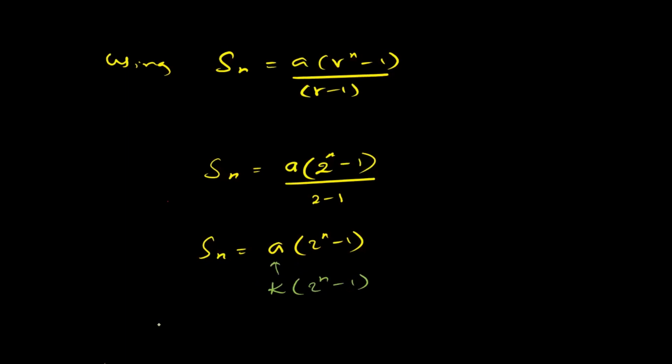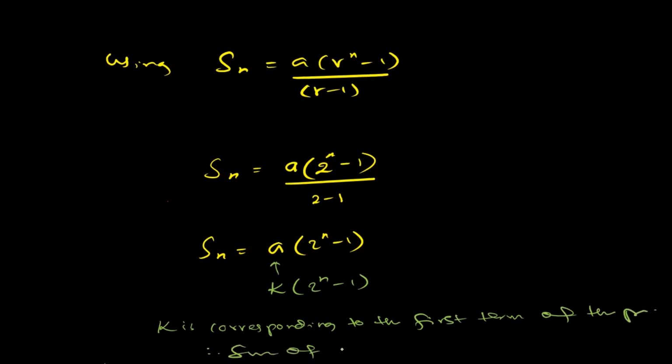So I can write K is corresponding to the first term of the progression. Therefore, sum of first n terms is K times 2 to the power n minus 1.